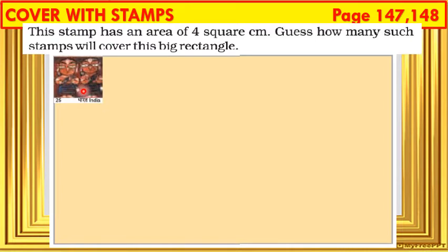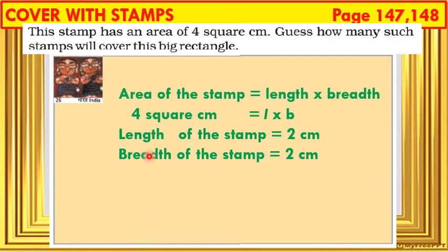Now, how many such stamps will cover this big yellow rectangle? Since area of the stamp is 4 square centimeters and area is length multiplied by breadth, that is 2 twos is 4.